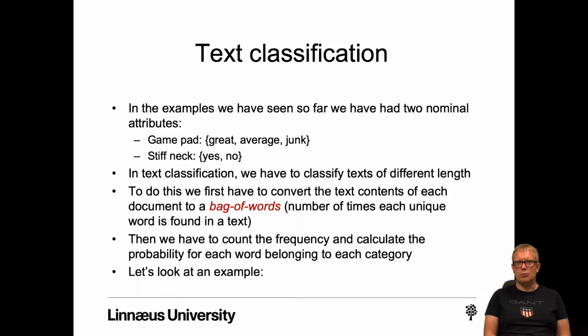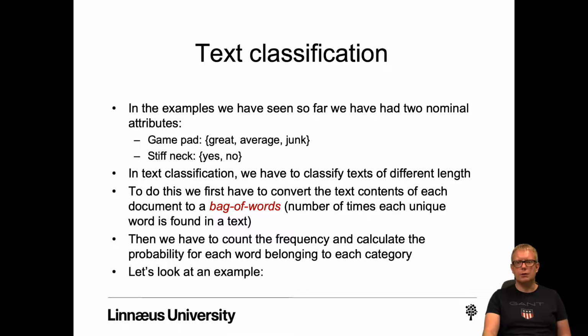And to make this work with Naïve Bayes, we first have to convert the text contents of each document to a bag of words, meaning that we have long lists of each unique word in our dataset, and the bag of words approach means that the input is the number of times each unique word is found in a text. And then we have to count the frequency and calculate the probability for each word belonging to each category in a similar way as in the stiff neck example.